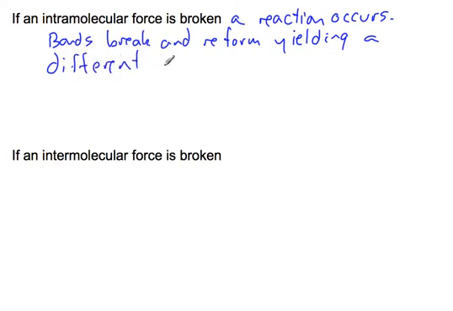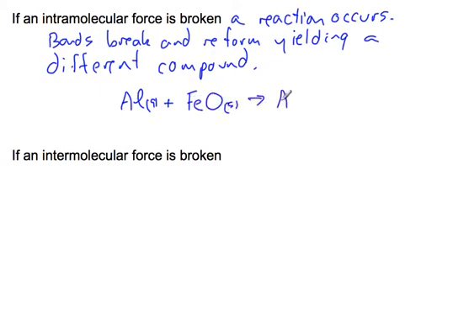However we carry out the reaction, we get a different chemical compound as a net result. In the thermite reaction, we take solid aluminum and mix it with solid iron(II) oxide, add a bit of heat, and we get aluminum oxide, also a solid, and solid iron. So we have different products, so that's a chemical reaction.